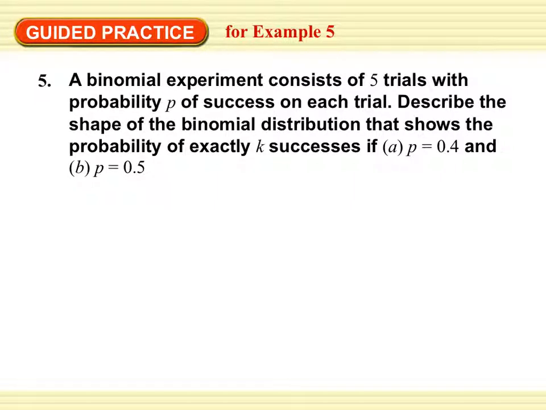All right, a binomial experiment consists of 5 trials. Probability p of success in each trial. Describe the shape of the binomial distribution that shows the probability of k successes if p equals 0.4 and p equals 0.5. So we've got 5 trials. So on my calculator, I would write 5cx, and the first what I'm going to do is 0.4 to the x and 0.6 to the negative x plus 6.